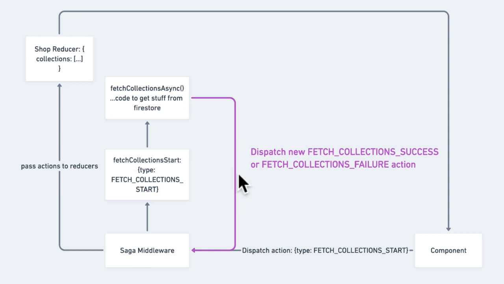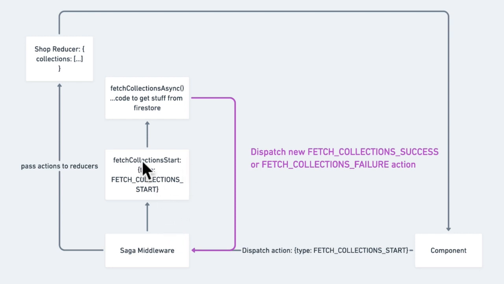The code we wrote was much more extensive because we had to deal with that take latest and that take every, as well as that put. But those are really just the means in which we were able to move on to the next step inside of this diagram. Take latest and take every being what allows this saga to actually catch this fetch collection start action that the saga middleware passes to all of our sagas.